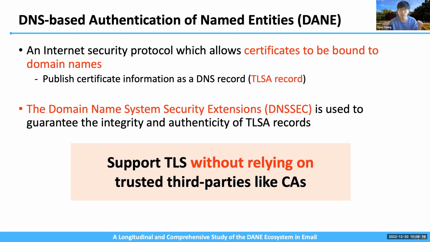But DANE tries to cut the reliance on CAs, so it does not need to work with the CAs anymore. One possible choice is that the domain name owner can just publish a self-signed certificate, as we learned in the TLS class, and the web server can just send the self-signed certificate to the client. Then what is the problem here?